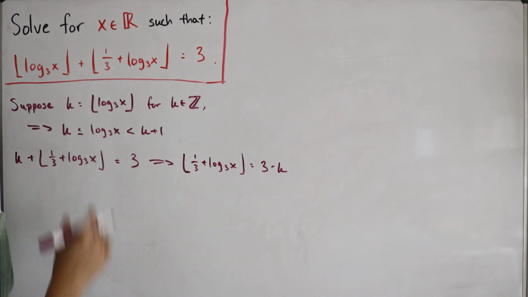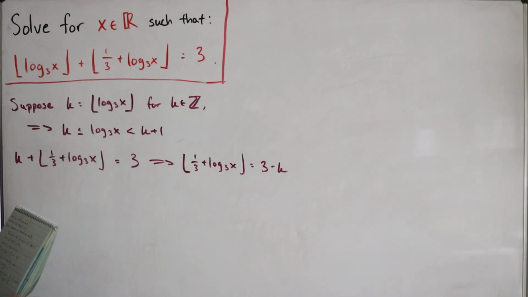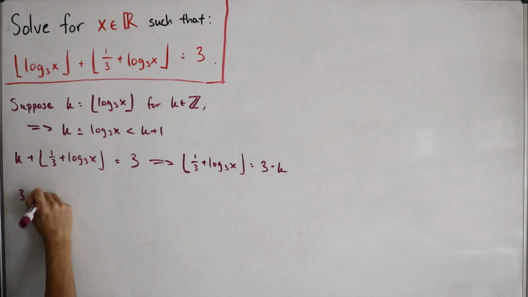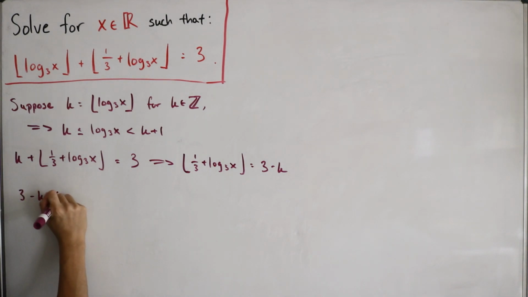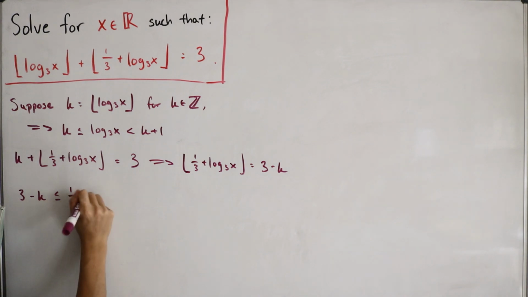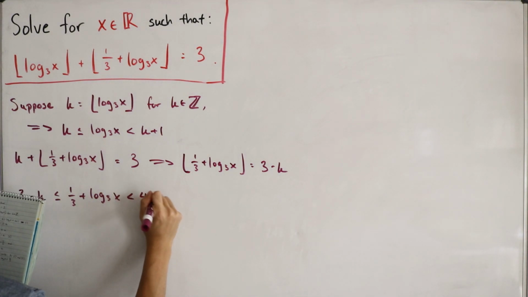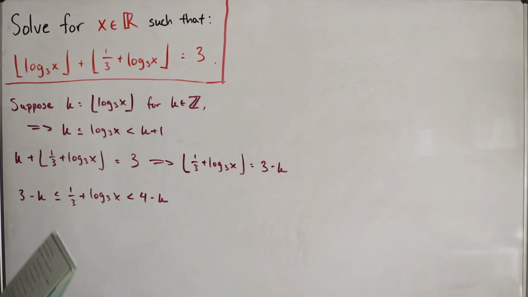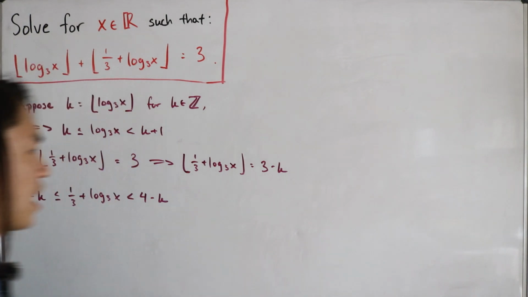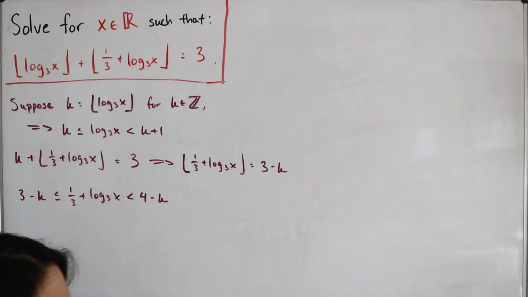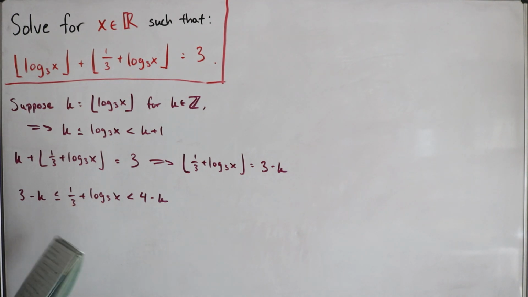Utilizing the definition of the floor function, that's the same thing as 3 minus k being less than or equal to 1/3 plus log base 3 of x, which is strictly less than 4 minus k. Now we can solve this compound inequality. First, we subtract 1/3 from the leftmost side and the rightmost side, leaving just log base 3 of x in the center.